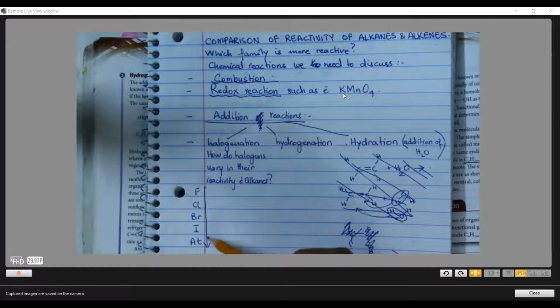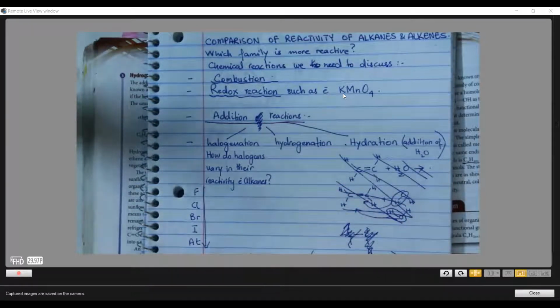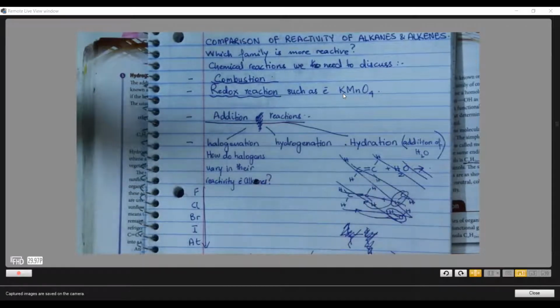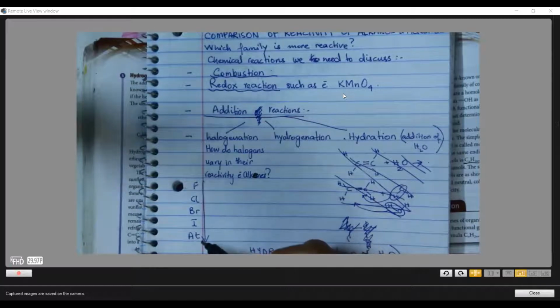But my question is, of these halogens, which ones do you think will more readily get added to an alkene? Which of these halogens will react more readily with an alkene as you go down the group?